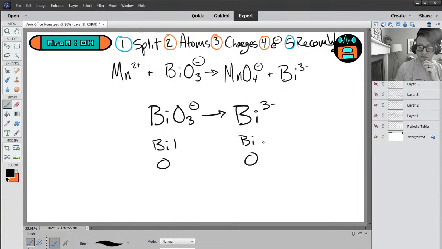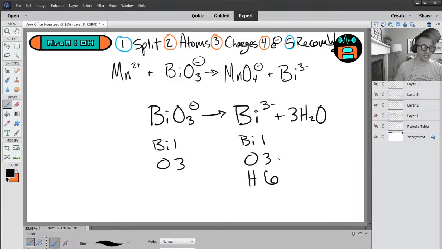We have 1 bismuth on both the reactants and product side. We have 3 oxygens on our reactant side and none on our product side. The way you fix that is by adding 3 molecules of water. This balances our oxygen but introduces hydrogen. We know how to balance hydrogen, though. We bring in 6 hydronium ions, and now our atoms are completely balanced.